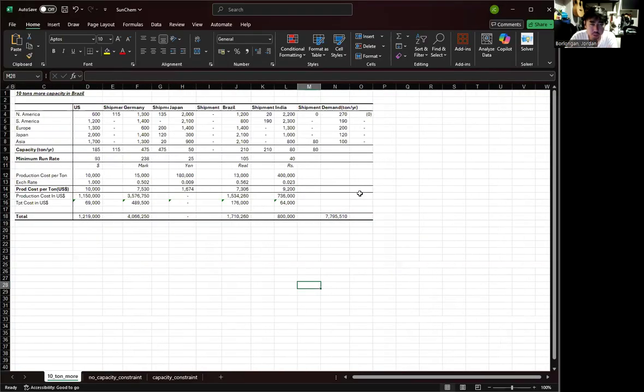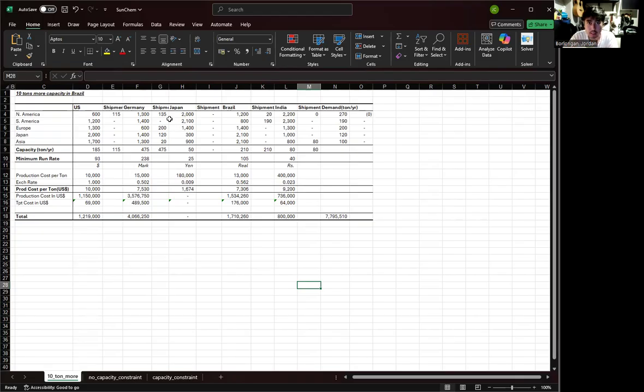Now, as for the third question, what if instead of restricting the capacity constraints to 50%, we added more to a single location? That is Brazil. And the system determined that it became slightly different.